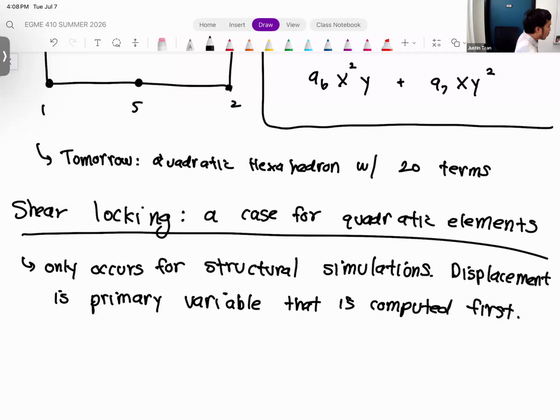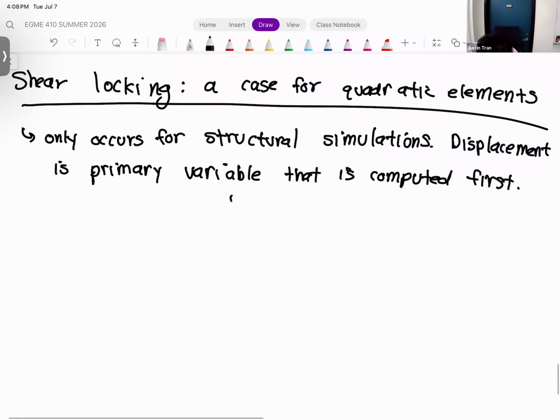Okay. So one quantity that is computed from the displacement is the strain. In fact, the strain and the displacement are very closely related. Strain is just the spatial derivative of the displacement.